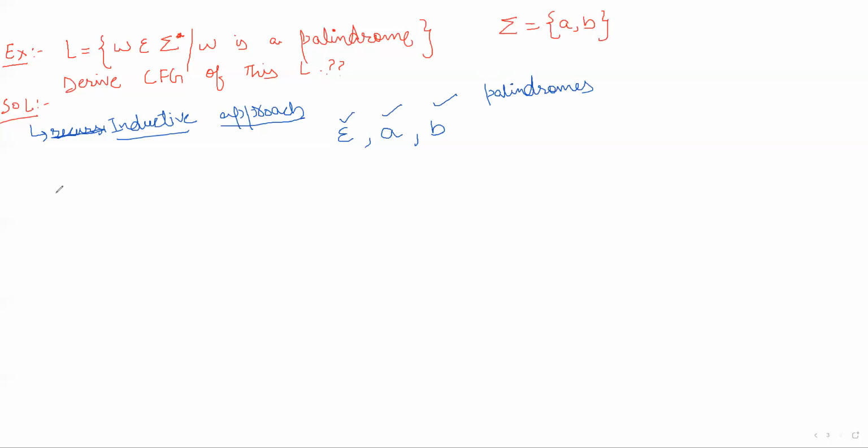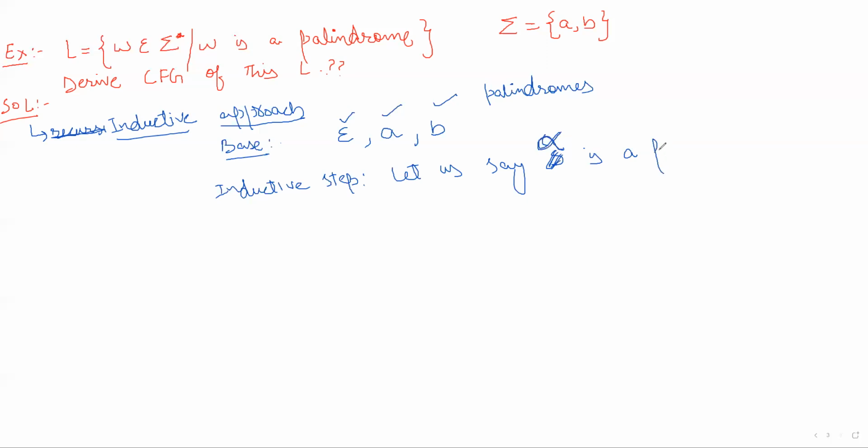Okay. Now inductive step. So this is the base step. Inductive step, or we can say the assumption step, is: let's say W, or we can say alpha.